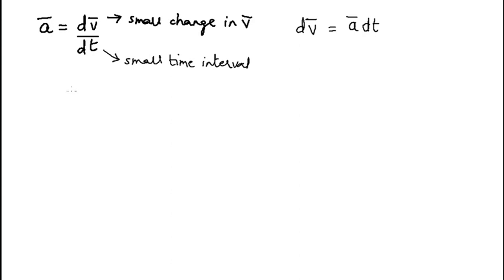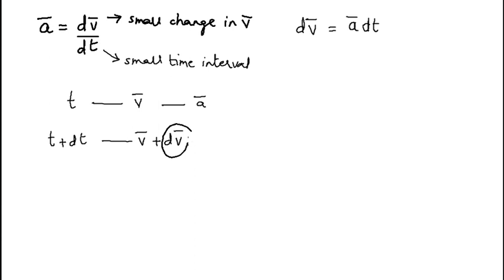Note that at some time instant t, the velocity is v bar and of course the acceleration is a bar. At a time instant t plus dt, a bit after time t, the velocity changes to v bar plus the change in the velocity, which is dv bar, and we have just said that this dv bar is nothing but a bar times dt.